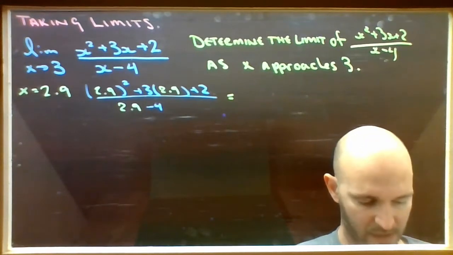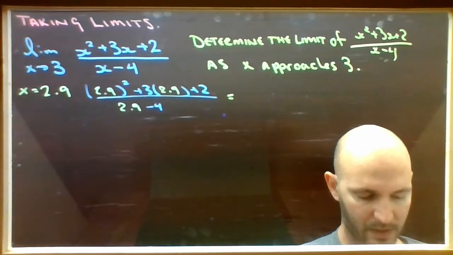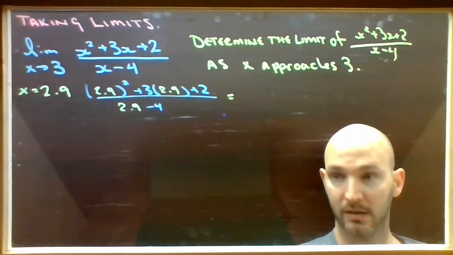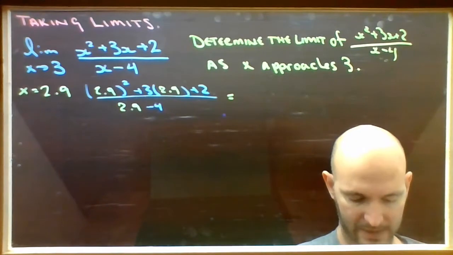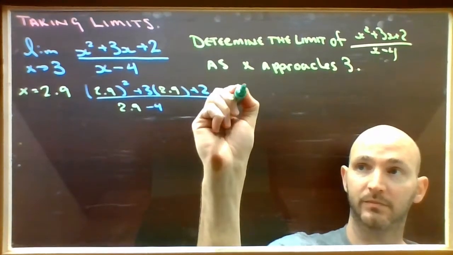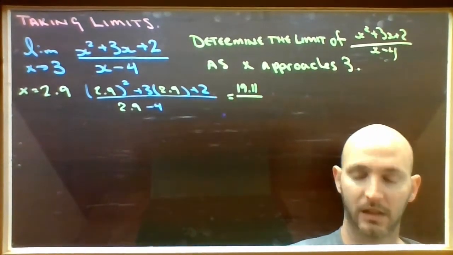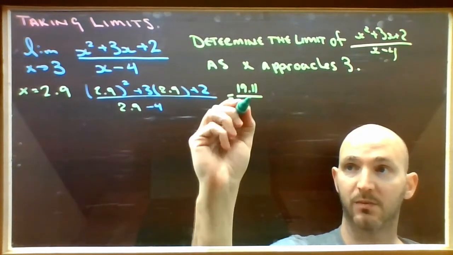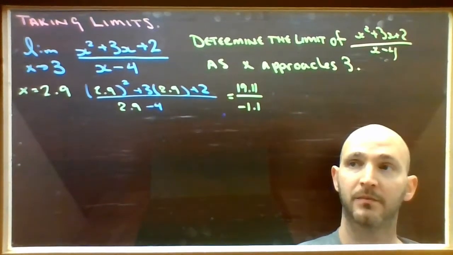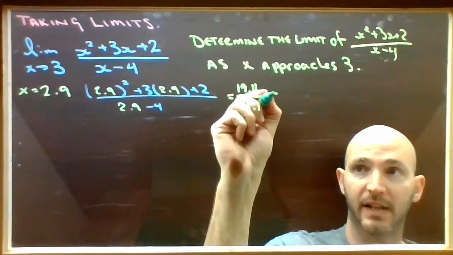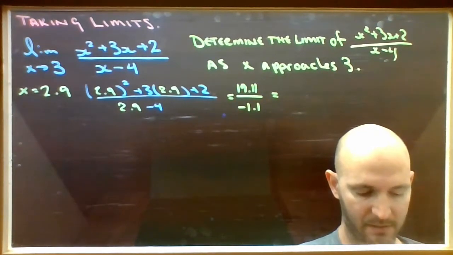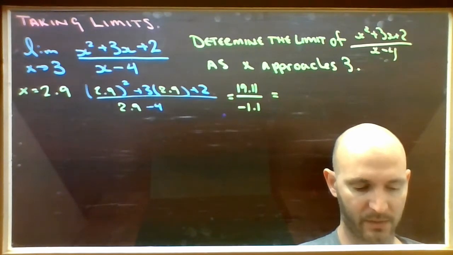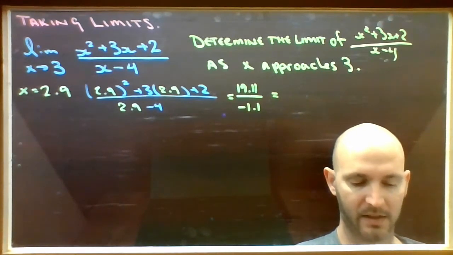So 2.9 squared plus 3 times 2.9 plus 2 is 19.11, and 2.9 minus 4 is minus 1.1. Then I have to divide the top by the bottom, so 19.11 divided by negative 1.1 gives me negative 17.37.